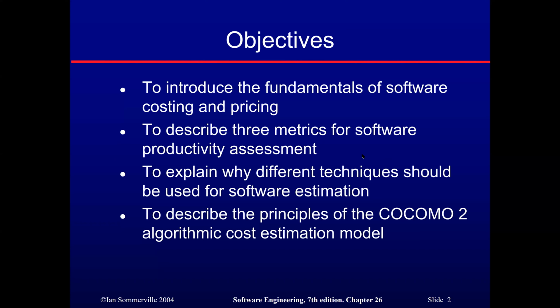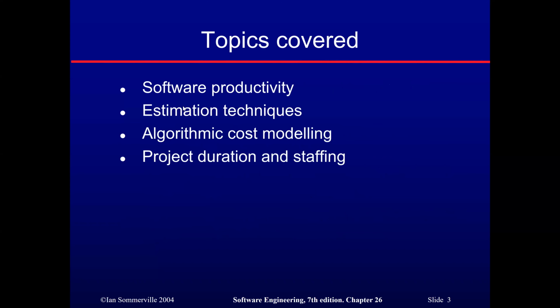We will talk about that too, and at the end of this chapter, we will be able to calculate the software productivity of any software product development process, and then we will also be able to use the algorithmic cost modeling for software costing. We will also be able to compute project duration and staffing needs for any software development project.